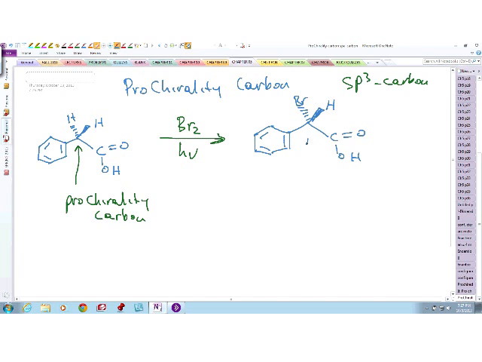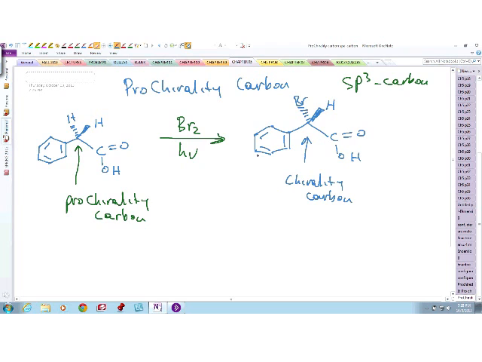We now have a chirality carbon. This carbon now becomes a chirality carbon. Therefore, we refer to this carbon here as a pro-chirality carbon, because that is the carbon where we replace the hydrogen attached to it, and then we get a chirality carbon.